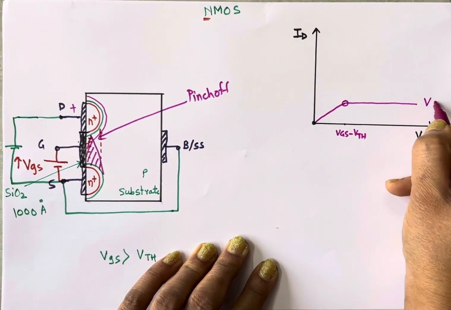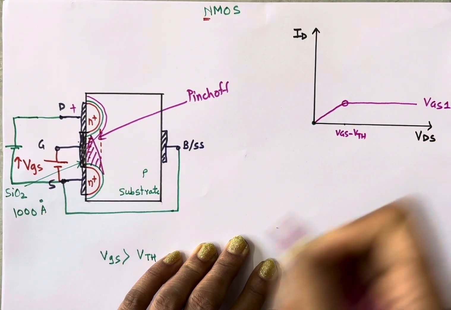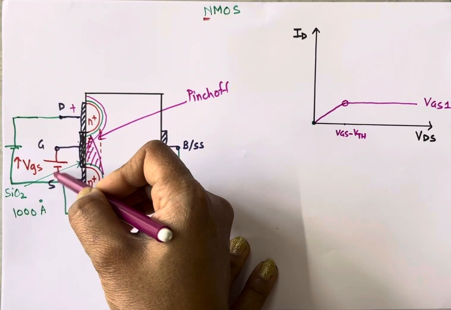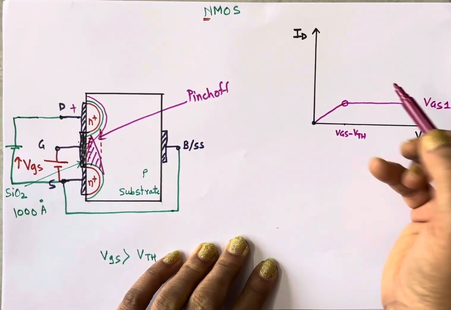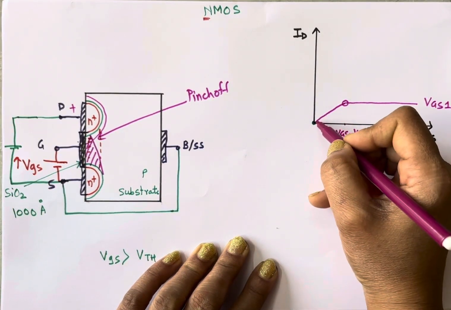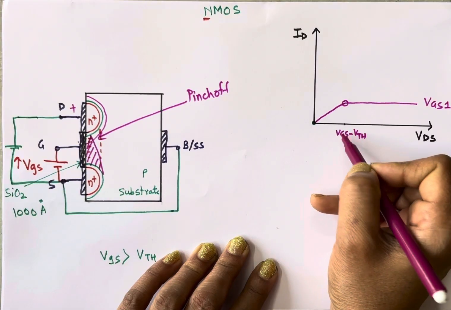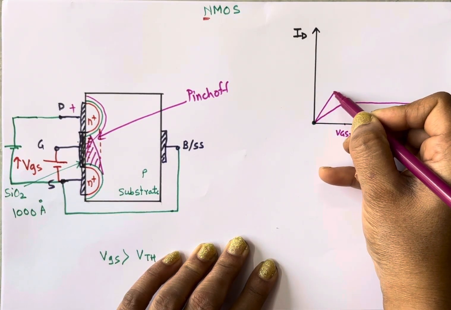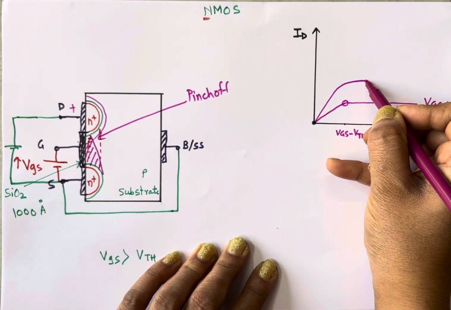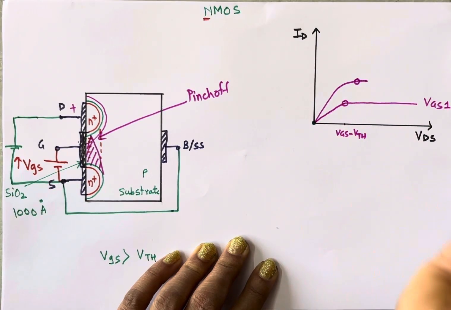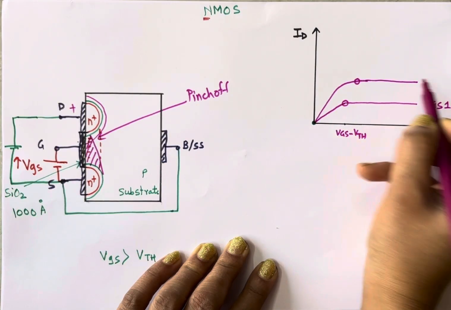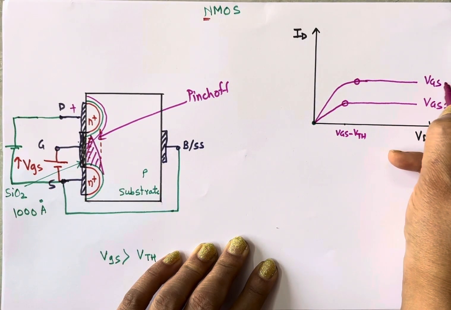This is for VGS1. When we increase VGS further, when we increase the voltage between gate and source further, then what happens? Here, when VDS is less than VGS minus VTH, again current increases linearly up to this point, and then after this point it remains constant at VGS2.